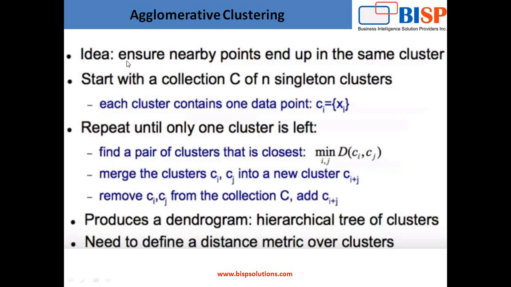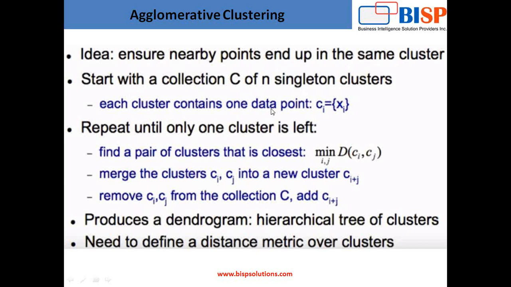The idea behind it is to ensure the nearest points end up in the same clusters. It starts with a collection C of n singleton clusters, where each cluster contains one data point.